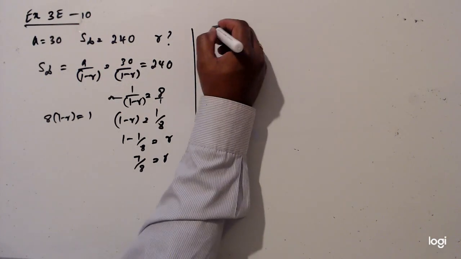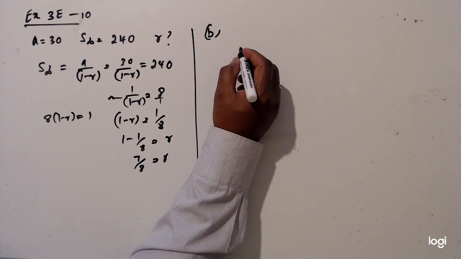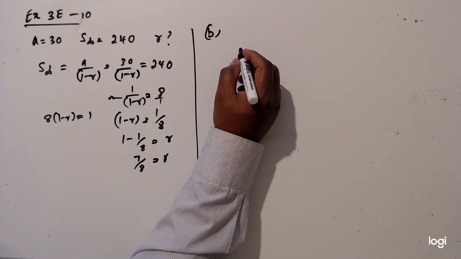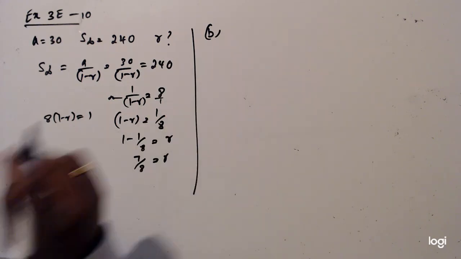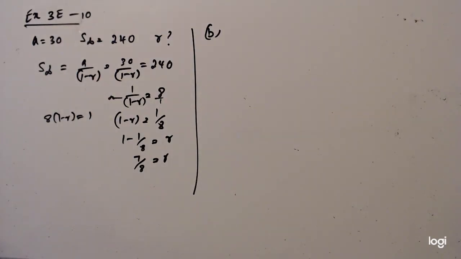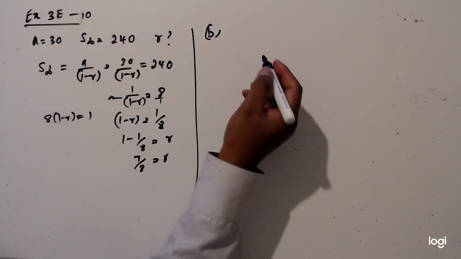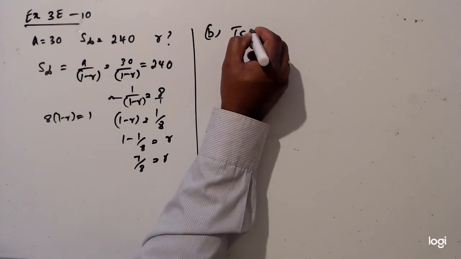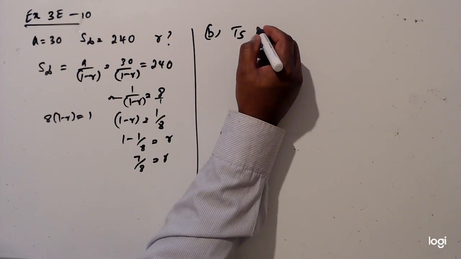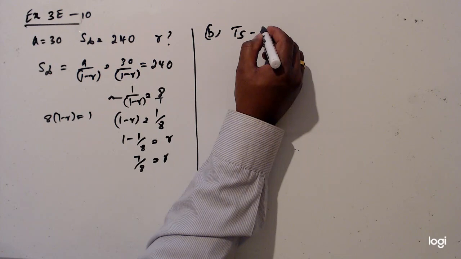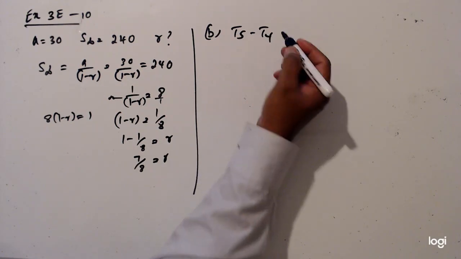And then the part B, we need to find the difference of 4 terms. We need to find the difference between the fifth term and the fourth term, T4.